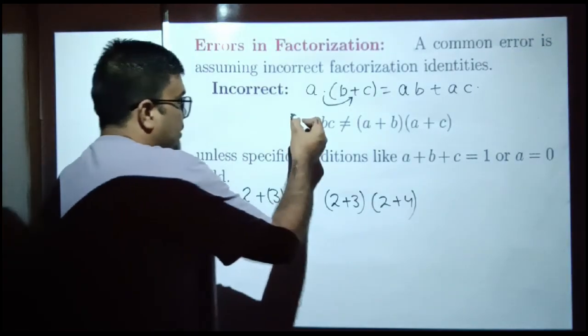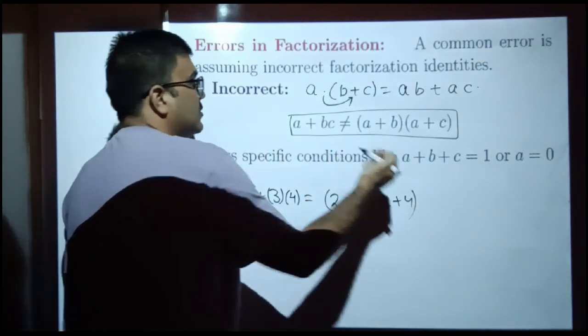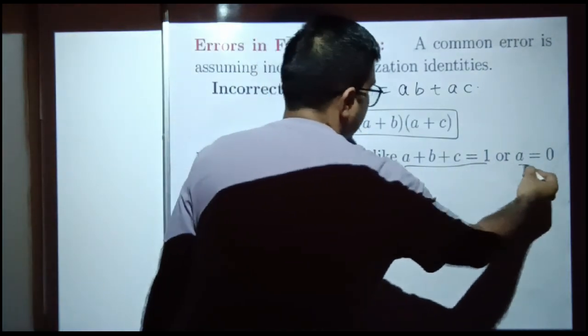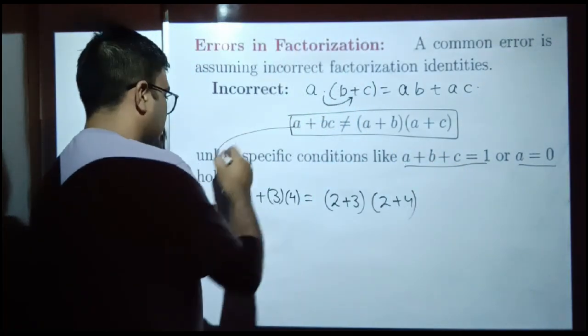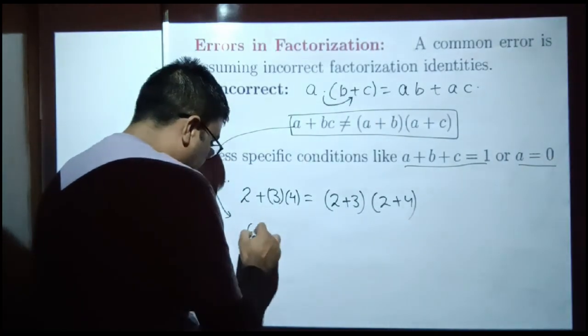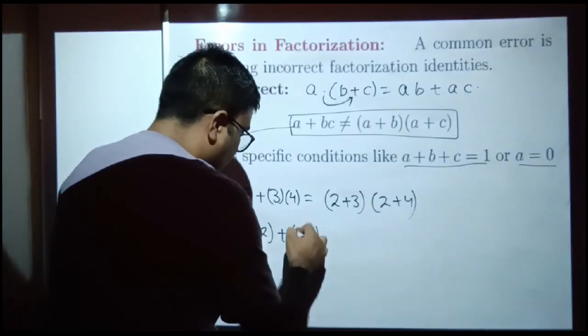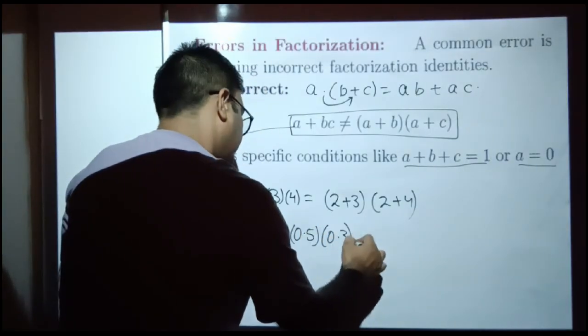We are saying that we don't have any property in this form. This only holds if a plus b plus c is 1 or a is 0. What case are we talking about? Suppose the value of a is 0.2 plus 0.5 into 0.3.